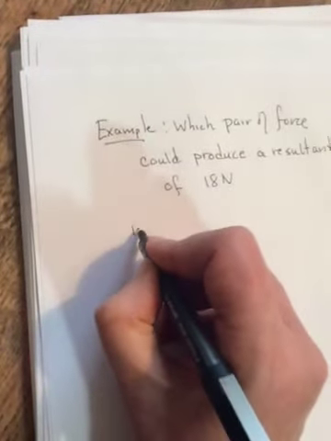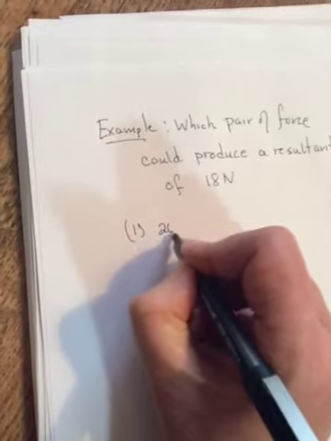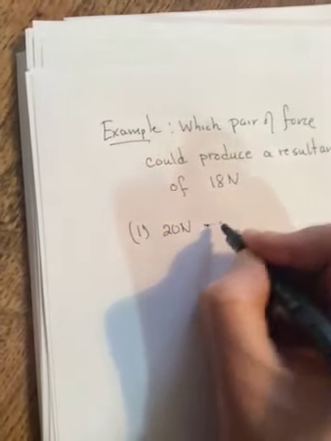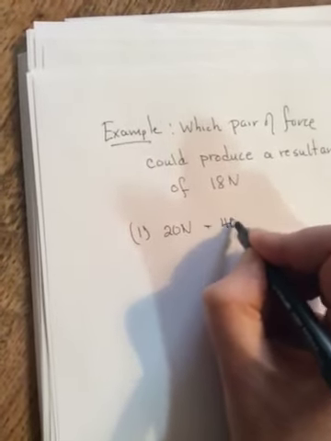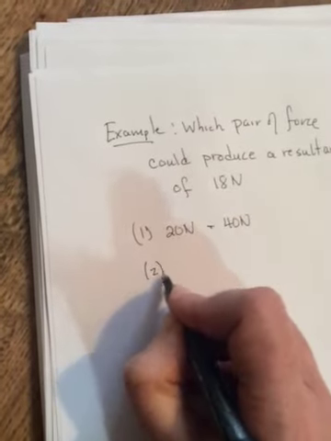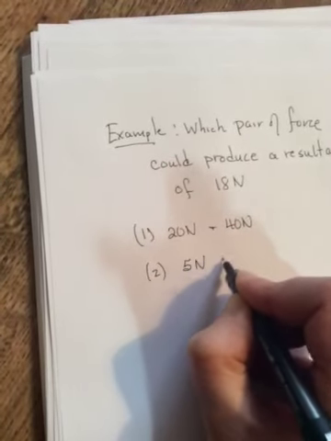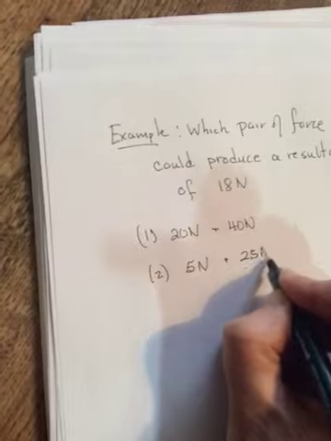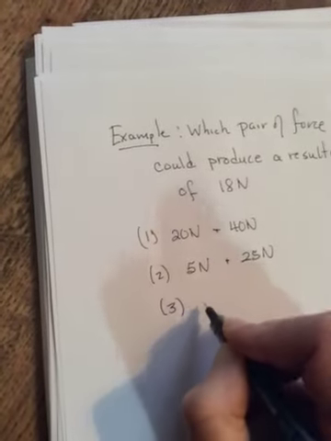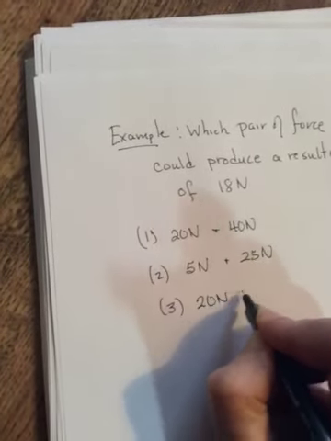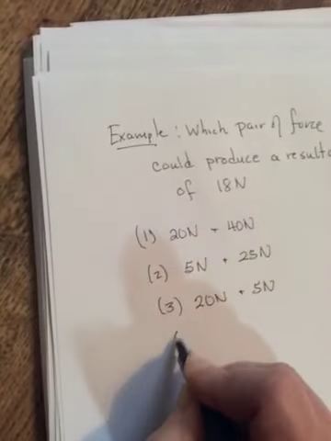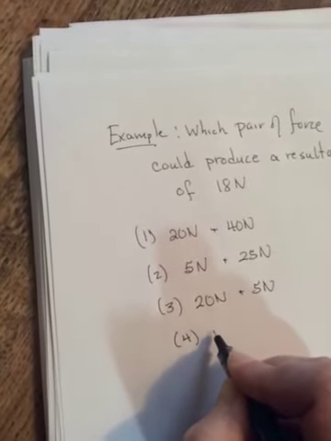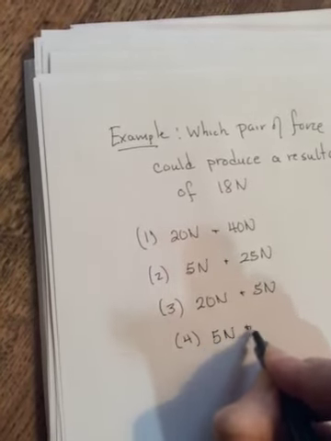Then I give you one pair, let's say 20 newtons and 40 newtons. Pair 2, 5 newtons and 25 newtons. Pair 3, 20 newtons and 5 newtons. And pair 4, 5 newtons and 40 newtons.